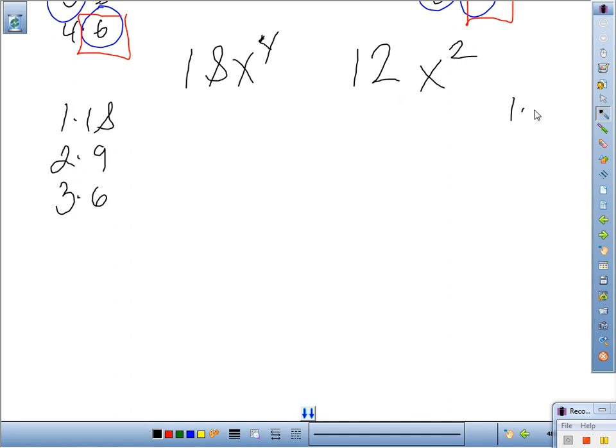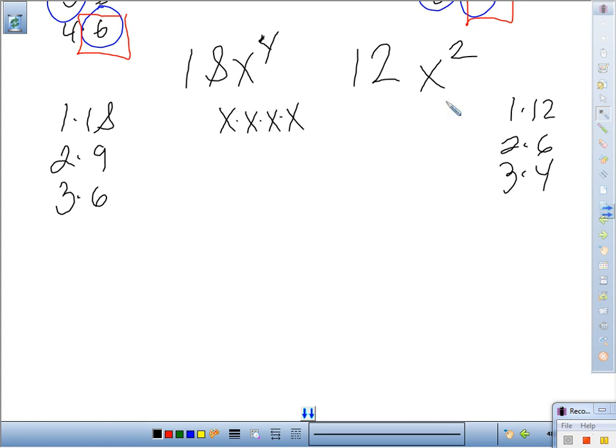Factors of 12: 1 times 12, 2 times 6, 3 times 4. Is that it? All right. And then factors of x to the fourth: x times x times x times x. Factors of x squared: x times x. Do you agree that all these are factors of this one? Yes. Do you agree that all these are factors of that one? Yes. So, looking at the numbers first, which is our greatest common factor?